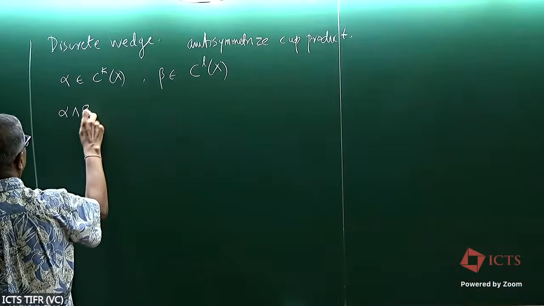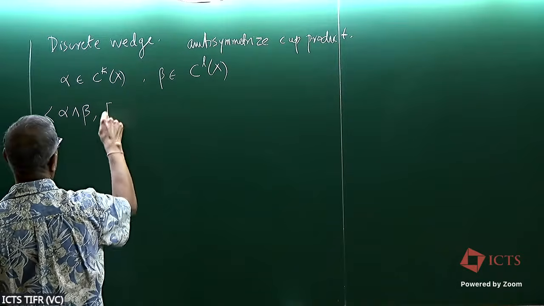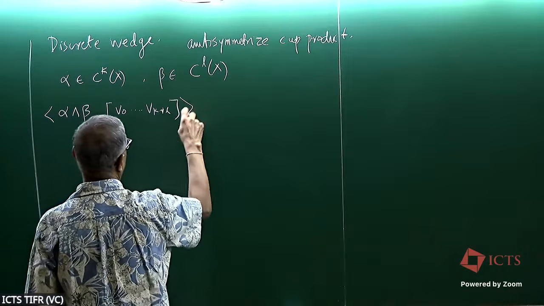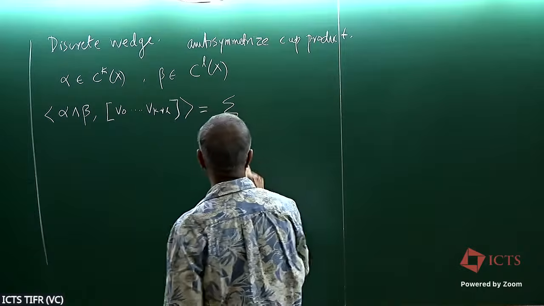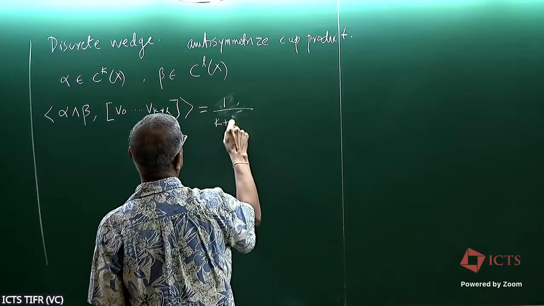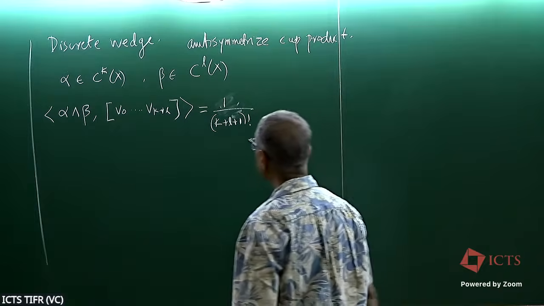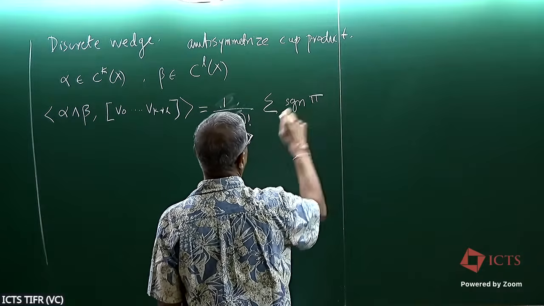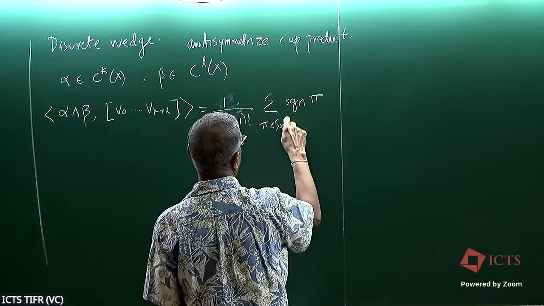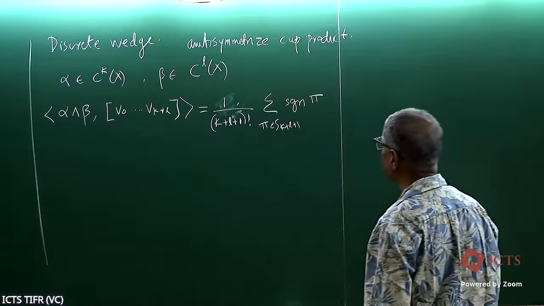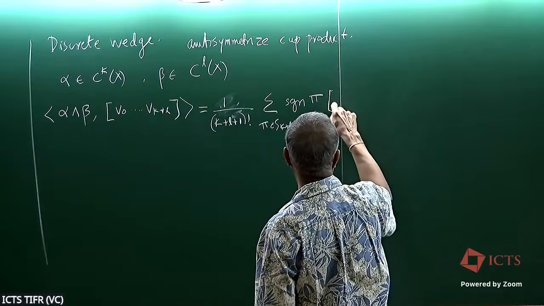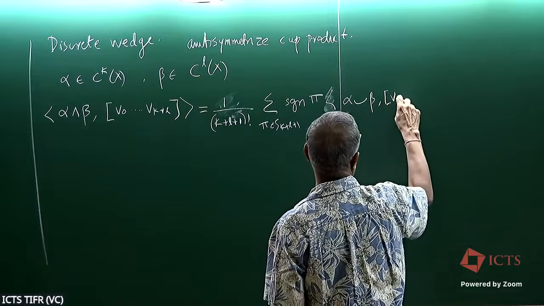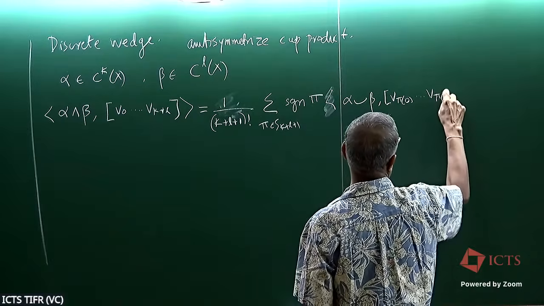So the discrete wedge product, its value on a K plus L simplex will be a summation. There'll be a factor 1 over K plus L plus 1 factorial, and then a summation over permutations of the numbers from 0 through K plus L, with the sign of the permutation, and then alpha cup beta with the permuted indices.